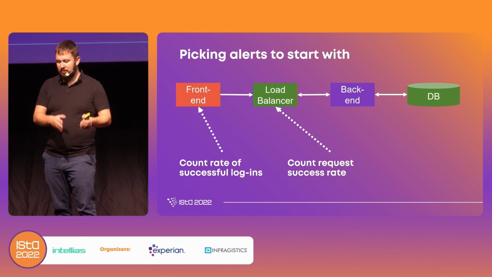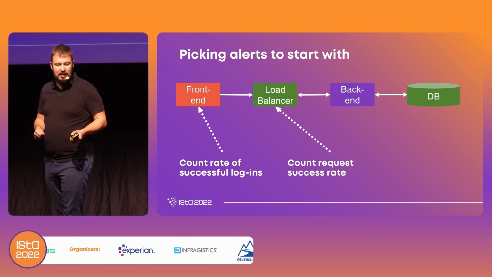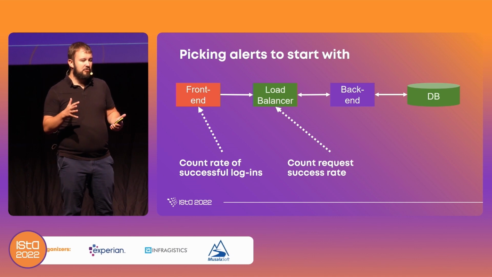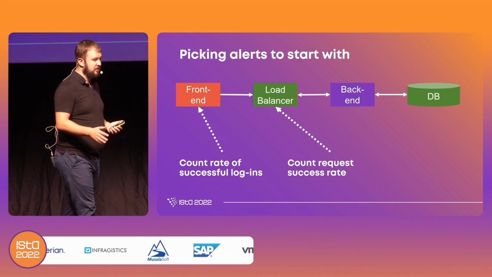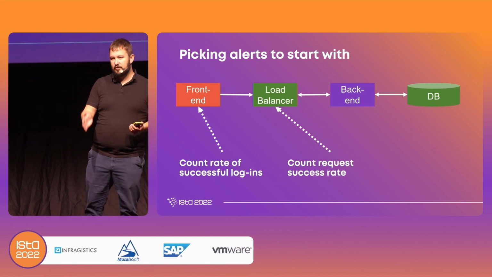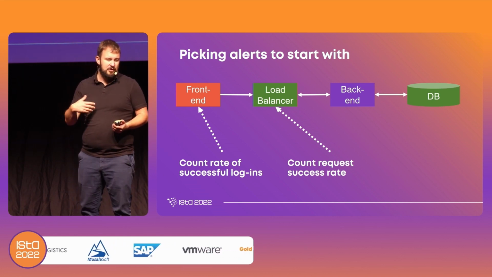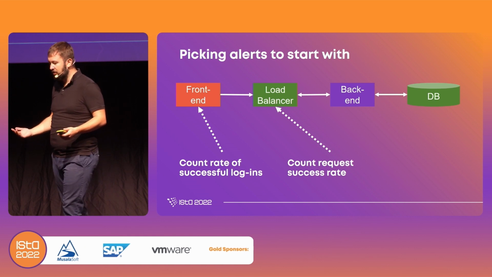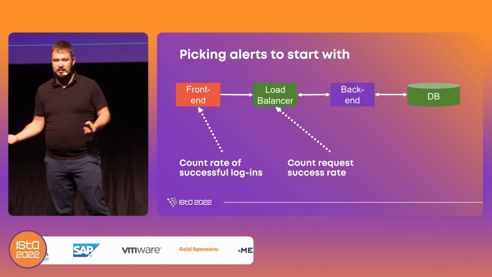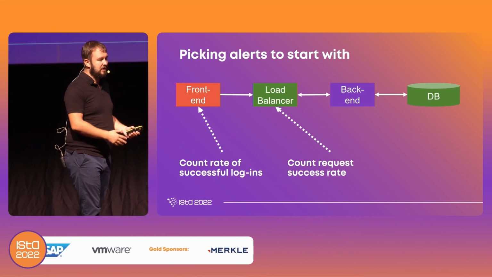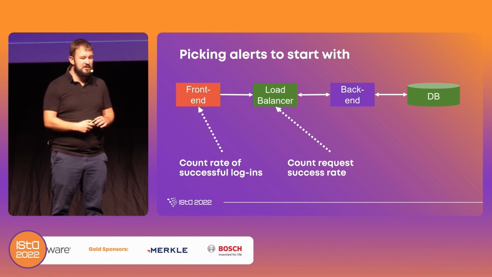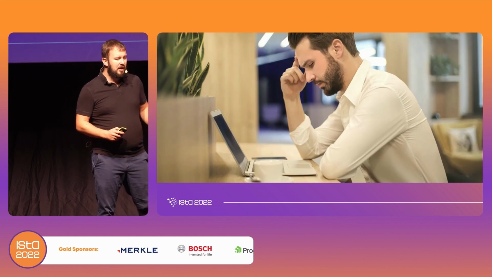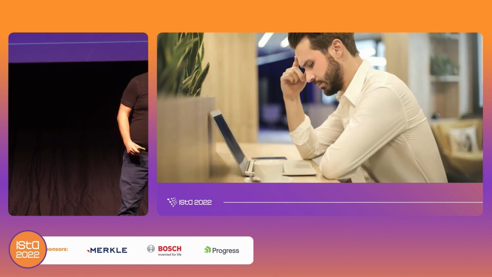For example, in your load balancer or your reverse proxy, you can have request success rate for all the requests. And if the success rate of one of your endpoints falls below a certain level, you can get an alert, and this will allow you to catch all the issues with your endpoints on a symptom-based level. You're not going to know what the cause is, but you will know that there is a problem, and this is super important.